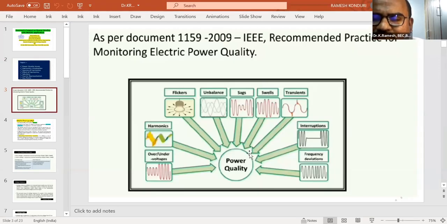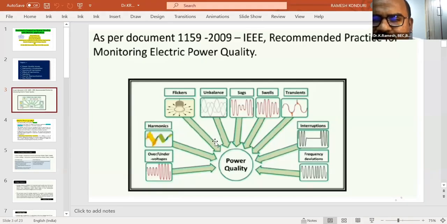So these are all the terms and terminology associated with power quality. Basically, we have these kinds of issues as far as power quality is concerned. Out of these, harmonics is one of the major issues where we have to concentrate more.